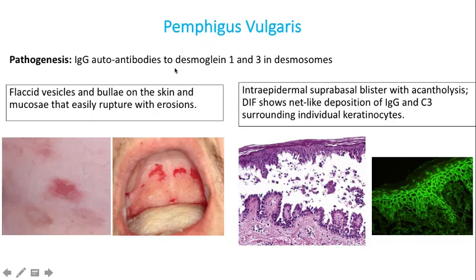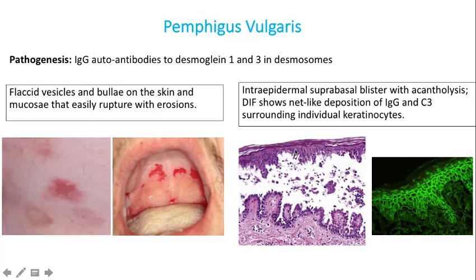Now we're talking about an autoimmune disease in which we have antibodies to desmoglein 1 and 3. And desmoglein 3 is expressed throughout the epidermis, but specifically in the lower portions of the epidermis. Desmoglein 1 is mainly expressed in the upper portions of the epidermis.